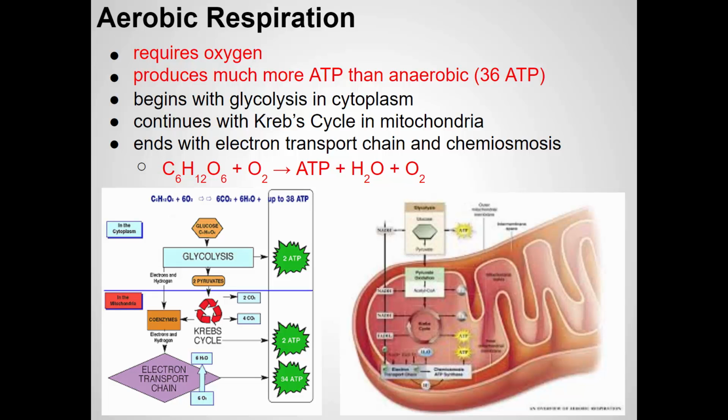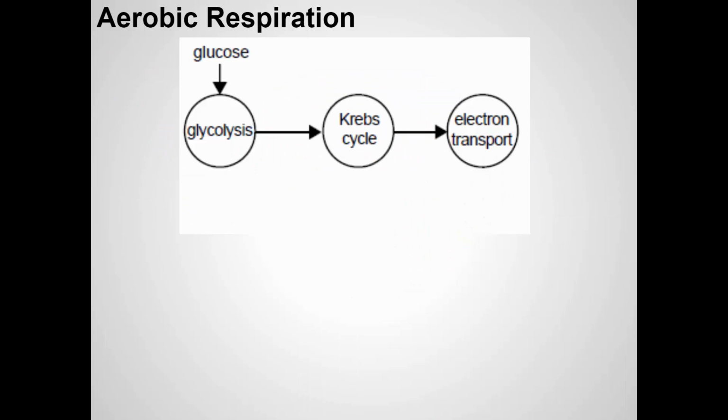So what's the organelle where this is taking place? In the mitochondria. So glycolysis happens in the cytoplasm. The rest of the process happens in the mitochondria. The mitochondria in these folds has enzymes and molecules that allow this process to take place. Other parts happen inside of the matrix of the mitochondria.